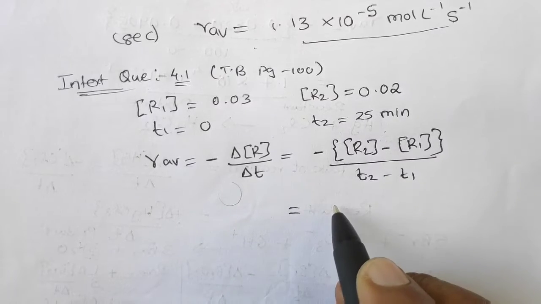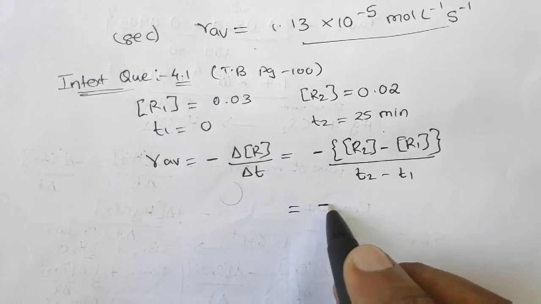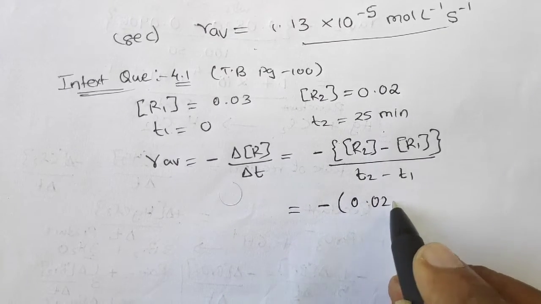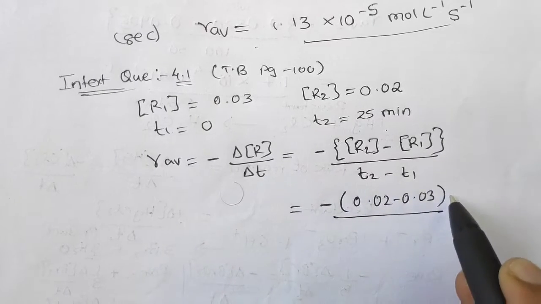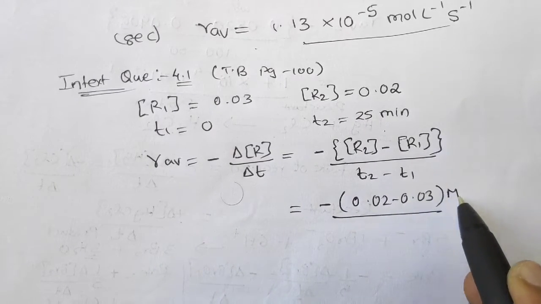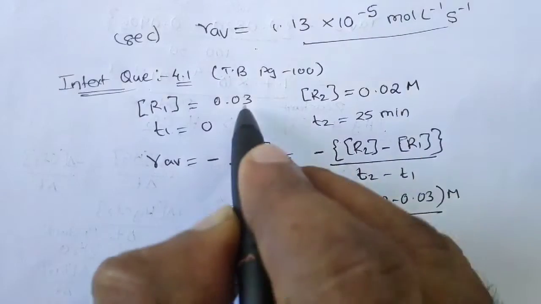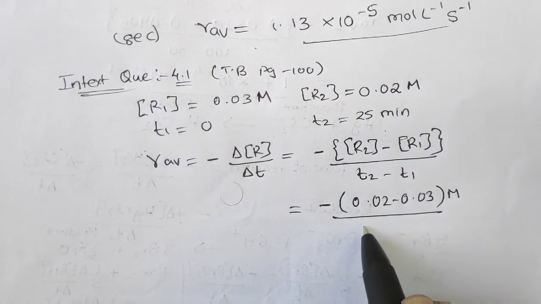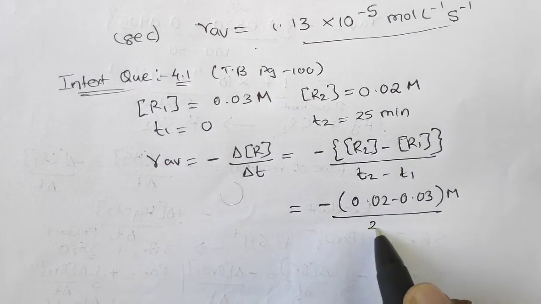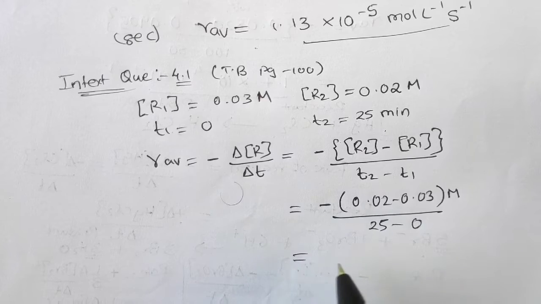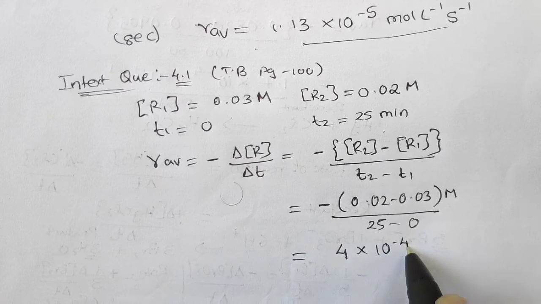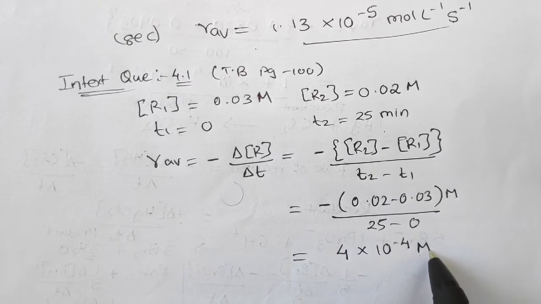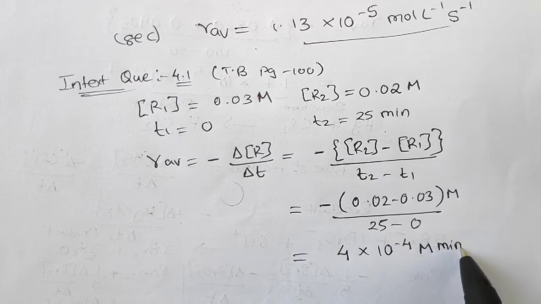So if I substitute the values, it will be equal to minus of 0.02 minus 0.03 divided by T2 minus T1, that is 25 minus 0. The concentration was given in molarity, capital M. If you calculate it, you will get 4 into 10 raised to minus 4 molar minute inverse.